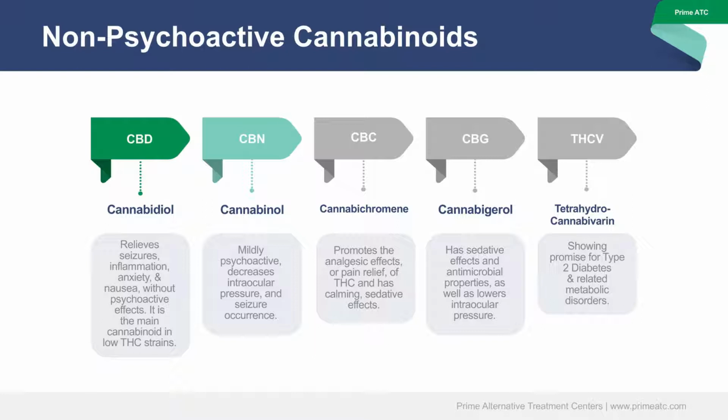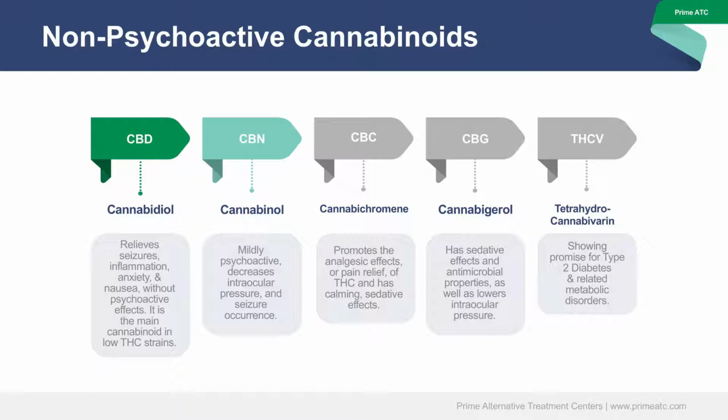Cannabinol, or CBN, is only mildly psychoactive. It's been found to decrease intraocular pressure for glaucoma sufferers, and it will diminish seizure occurrence. Cannabichromene, or CBC, promotes the analgesic effects, that is, pain-relieving qualities, of THC, and it in itself has sedative or calming effects.